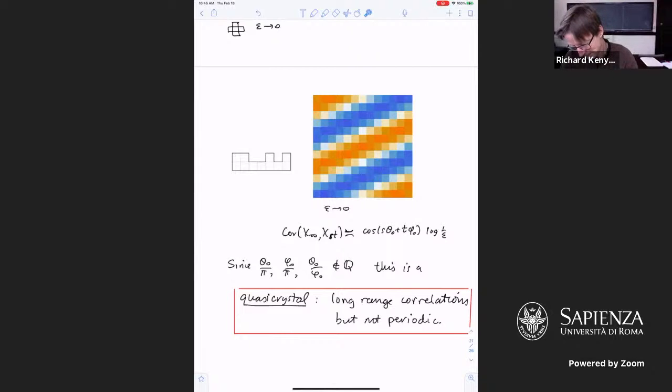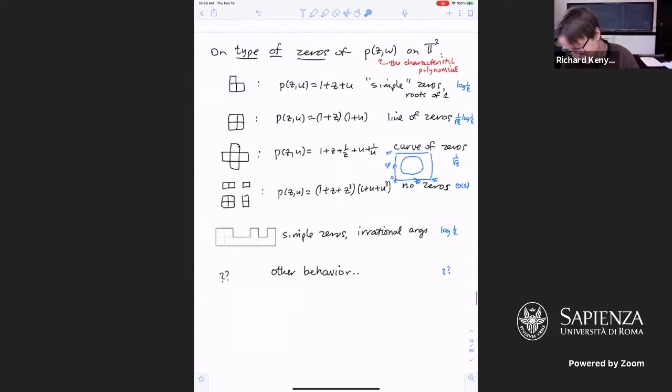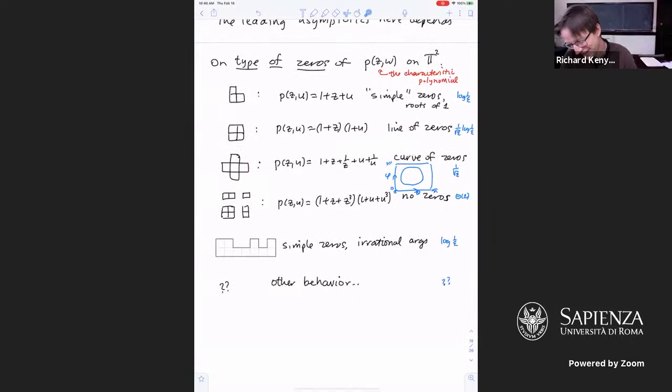And just to end my list, this is not supposed to be an exhaustive list either. For one thing, I restricted myself to two dimensions. There's no reason to restrict yourself to two dimensions. You can go to Z^d, and you can get even more bizarre behavior. We haven't really even explored the full extent of the behaviors we get.